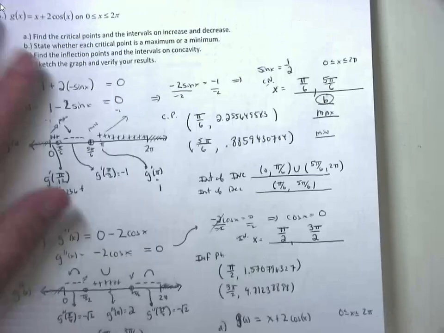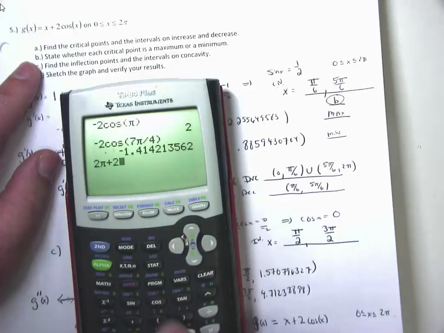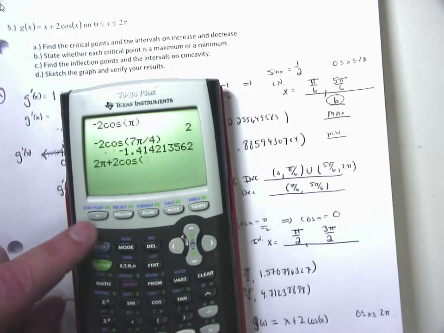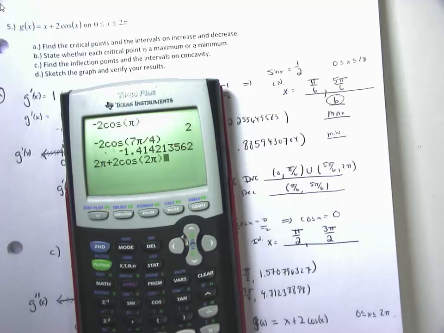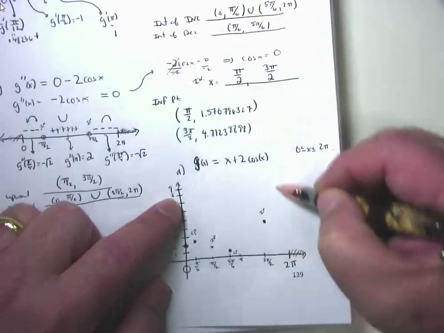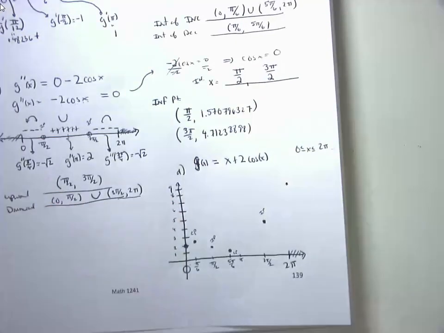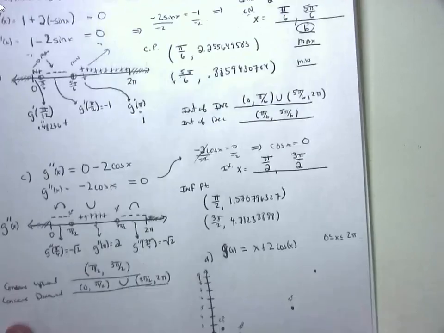And 2 pi, just because I want to go decimals, 2 pi plus 2 cosine of 2 pi is 8.28. So 2 pi, the endpoint was 8.28, so it's way up here.